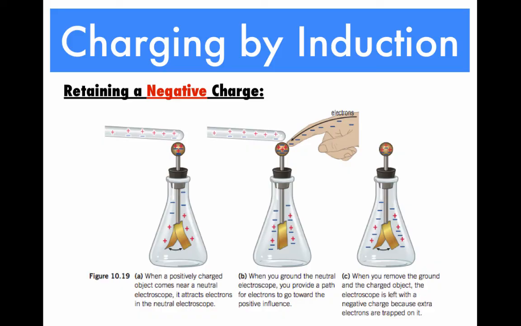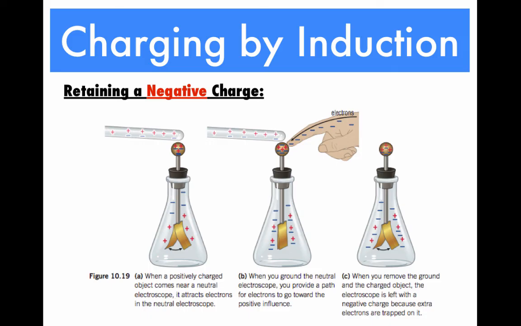In this last scenario, if we want to charge by induction and retain a negative charge, we need to use a positively charged object. You know that opposite charges attract, and so the electrons from the neutral electroscope will move up the electroscope because they are attracted to the positive charge. When you ground the neutral electroscope, you're providing a path for the electrons to go towards the positive influence.